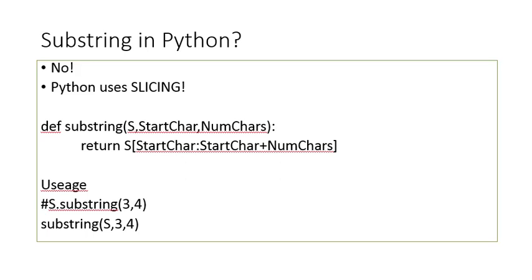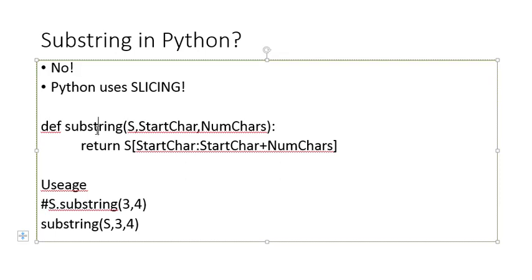How would I do this in Python? Well, Python has no substring method or function, so it instead uses a concept called slicing. To make code between OCR pseudocode and Python compatible, we can simply define a substring function as follows.